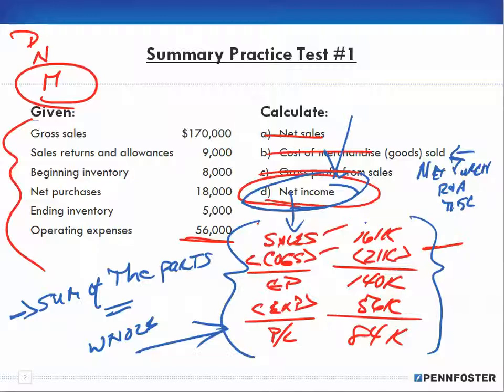And the book can't give you every possible scenario that's ever been created in business since the beginning of time and going through to the future. No, it's presenting the concept, and it's up to you to understand the concept and be able to manipulate it and use it in order to arrive at what you need to figure out for that particular situation, scenario, or problem. Okay. All right. So that's the end of practice test question number 1, and we'll move on to the other ones in the next videos.